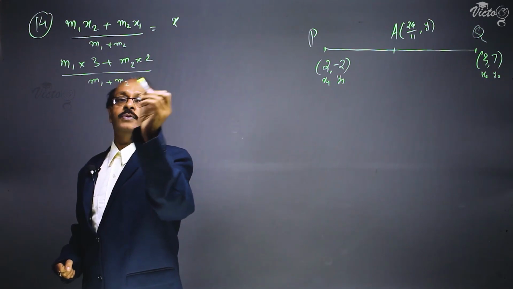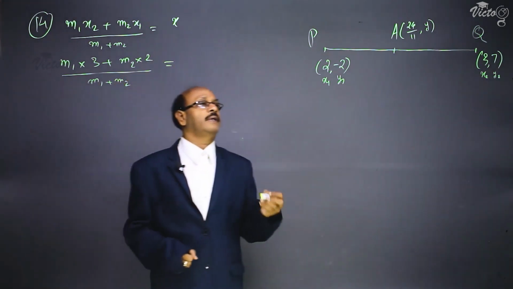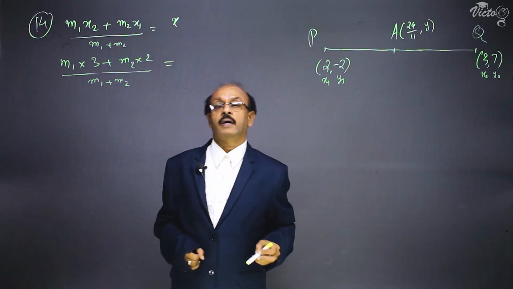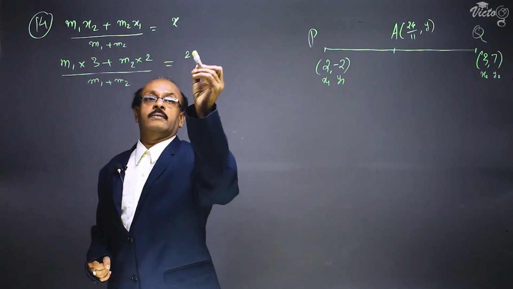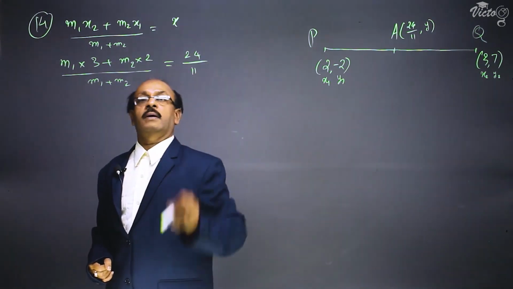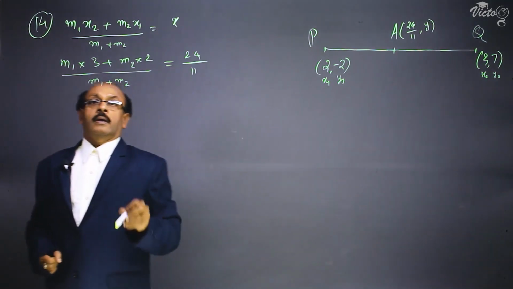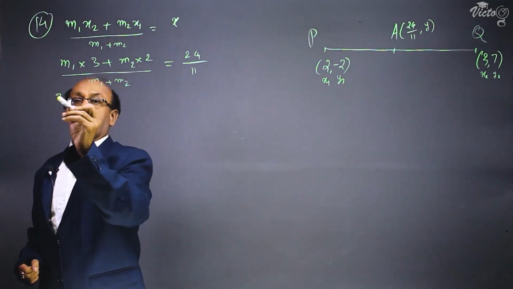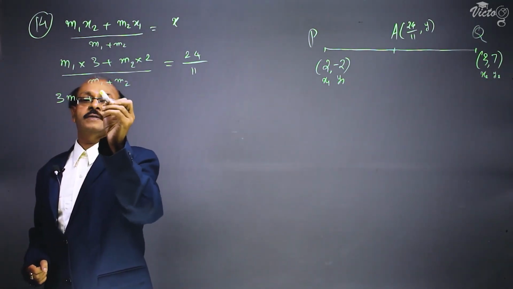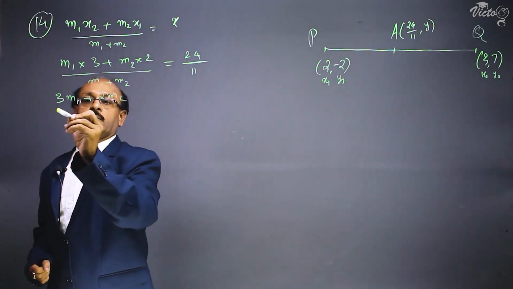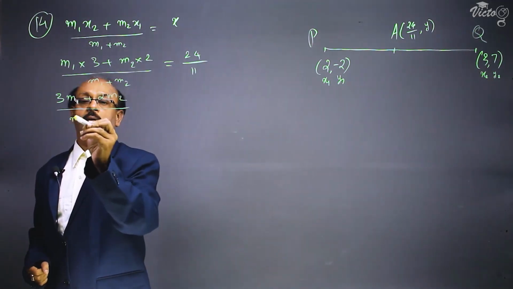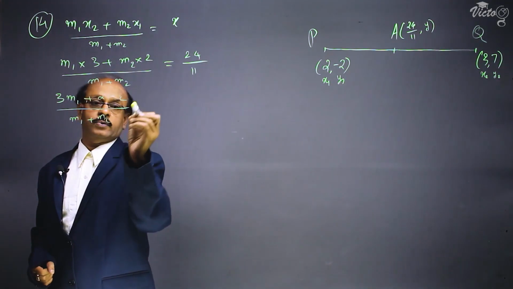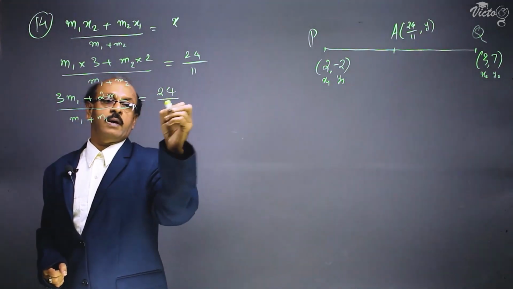m1 plus m2, and the x coordinate is given as 24 divided by 11. That means 3m1 plus 2m2 divided by m1 plus m2 is equal to 24 by 11.